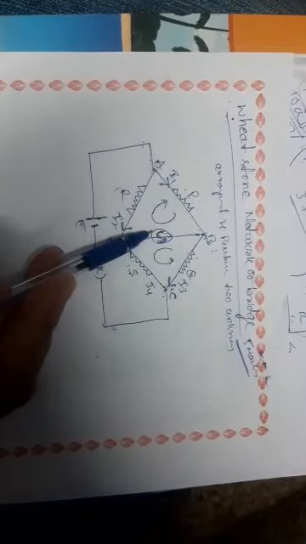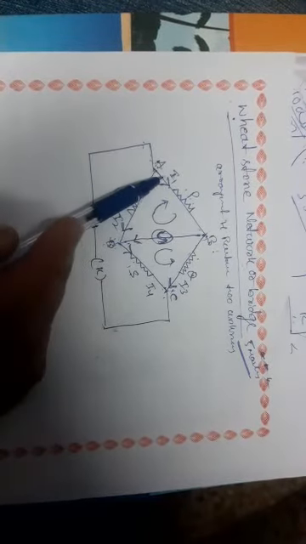Draw the circuit. What is the explanation? The Wheatstone network consists of 4 resistors P, Q, R, S connected in the form of quadrilateral ABCD, a rectangle. Capital G is a sensitive galvanometer. It is connected between B and D. And the terminals A and C are connected to the battery.